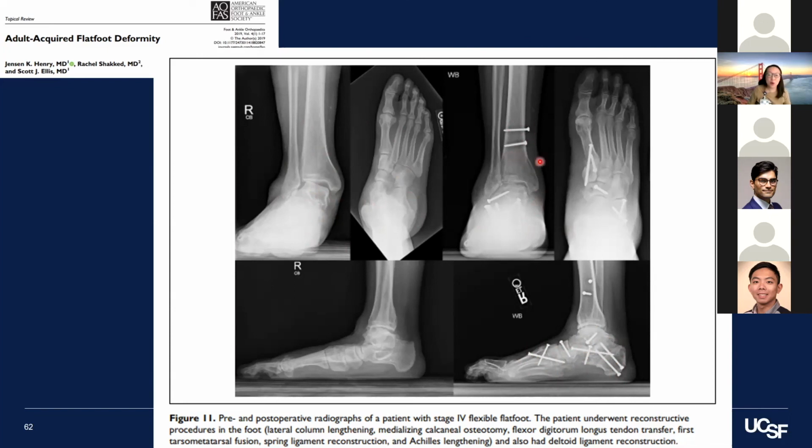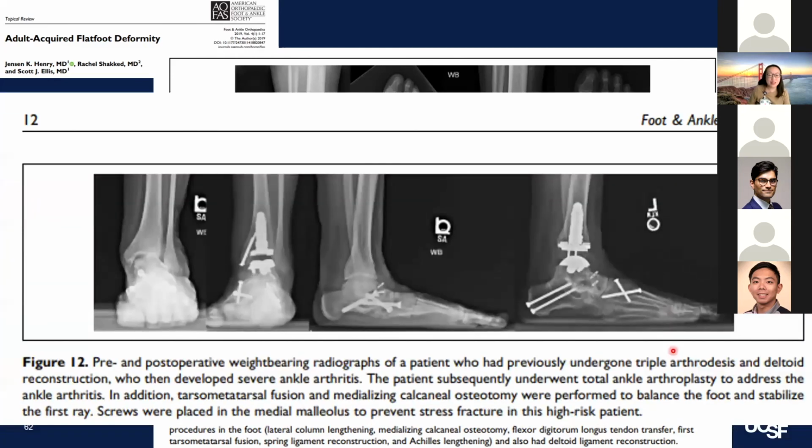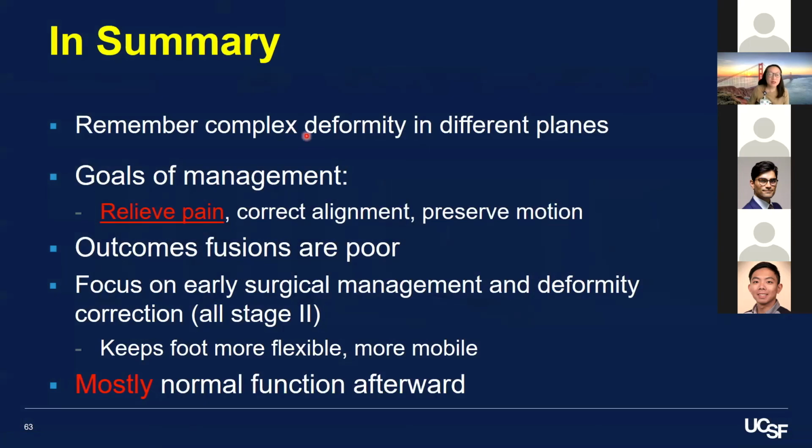These screws here are kind of the posts that he ties the allograft onto. This looks great, but we know that long-term these do go on to failure. And so this is a patient who ended up going on to failure, so he ended up putting a total ankle in.